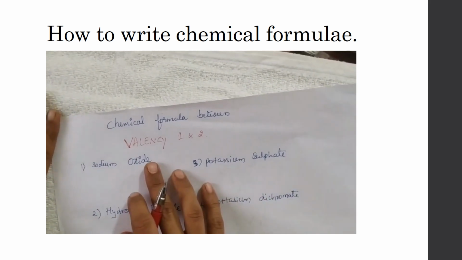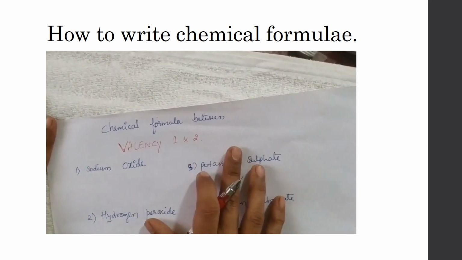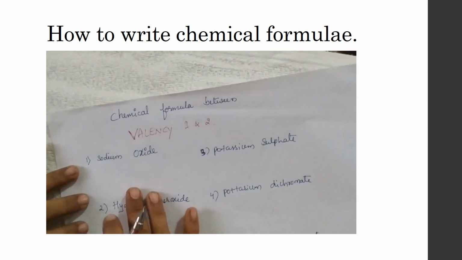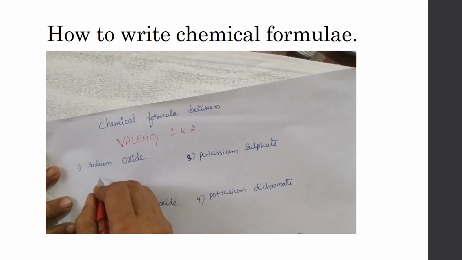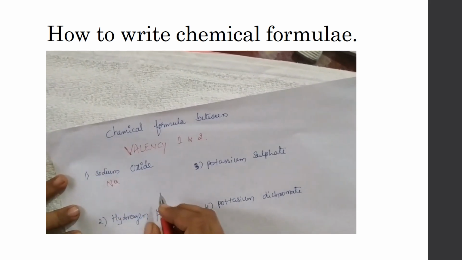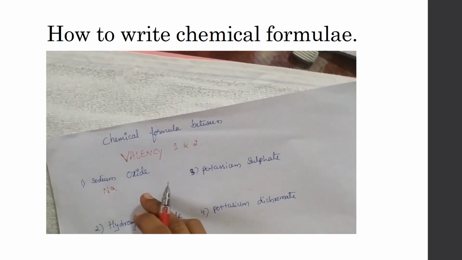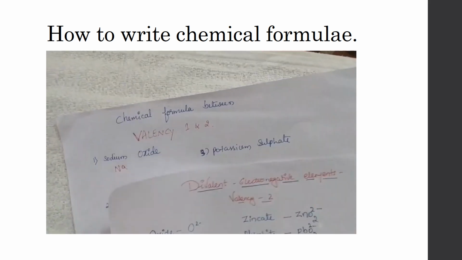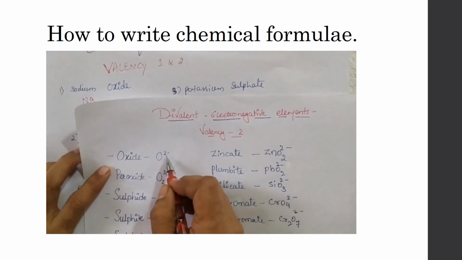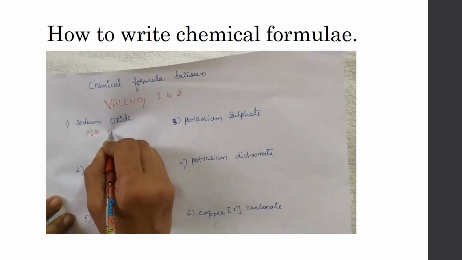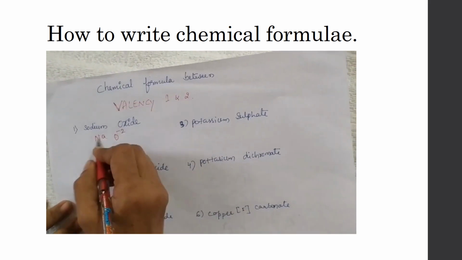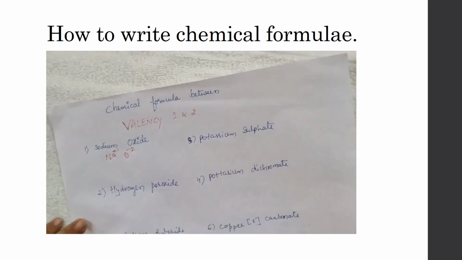Now let us start writing chemical formulae for these. Sodium and oxide. The symbol for sodium is Na. Oxide, as you know from the table, is O with minus 2. O valency is minus 2, sodium plus 1.